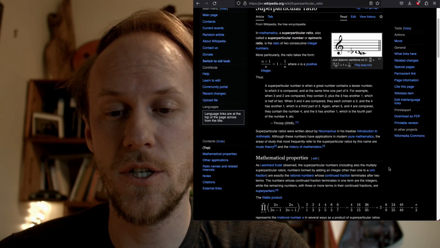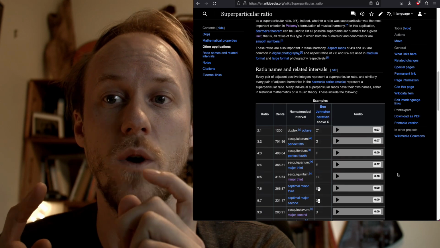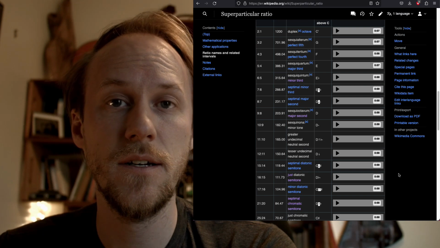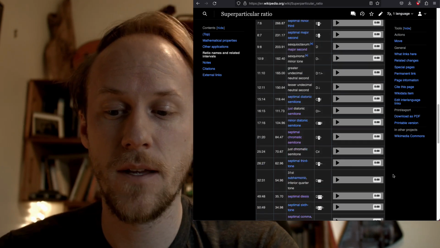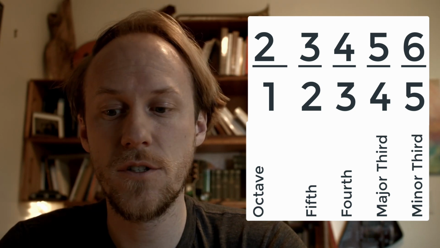Some of the most basic intervals are called just intervals. These intervals are based on simple fractions, oftentimes what's called a superparticular ratio. A superparticular ratio is when the two numbers involved are 1 apart from each other. So 3 to 2, 4 to 3, 5 to 4, things like that. And those correspond to the octave, 2 to 1, literally double the value of the first one.